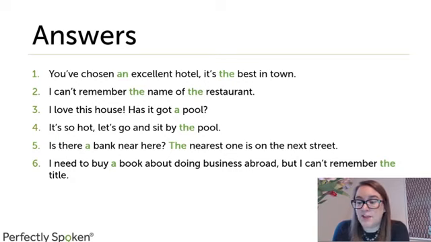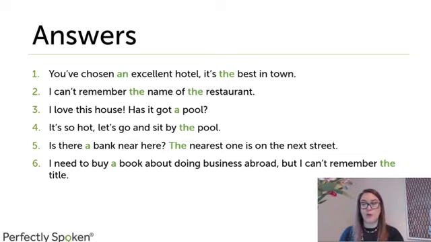But in number 3, I don't know if the house has a pool, so I use the indefinite article. I love this house. Has it got a pool? If the answer is yes, then we would continue with the definite article. Yes, the pool is in the back garden. But this time it's the first time we've mentioned it and we don't know which pool we're talking about.